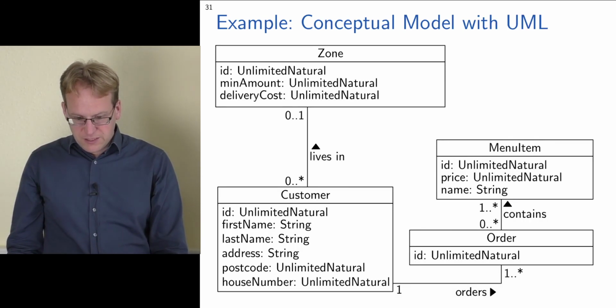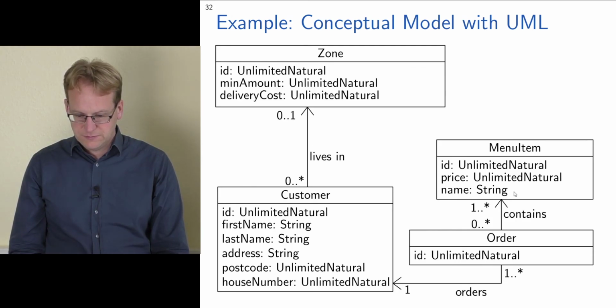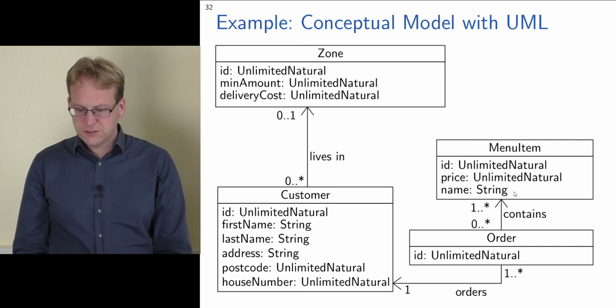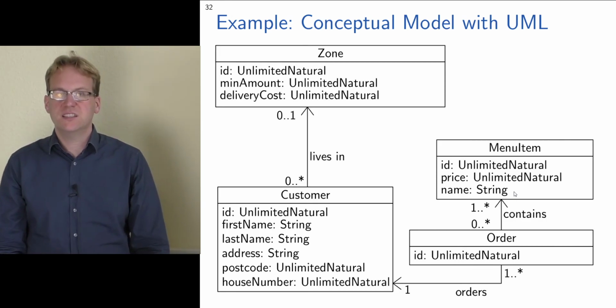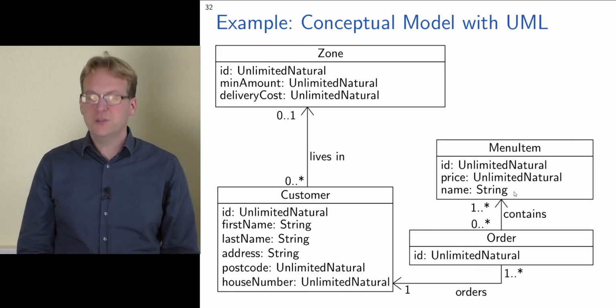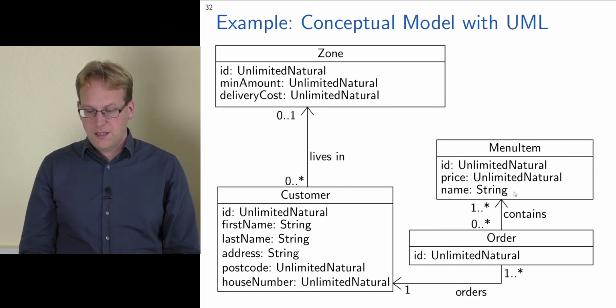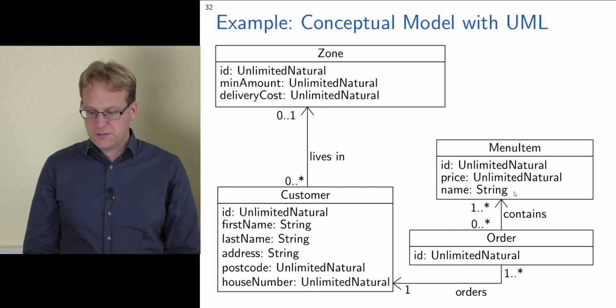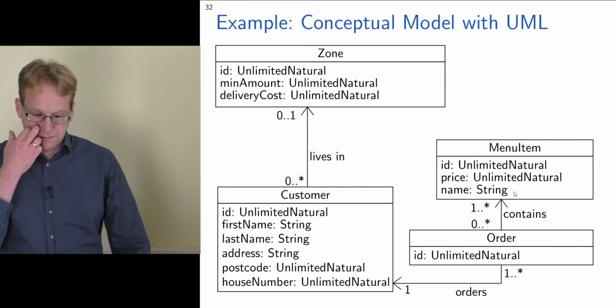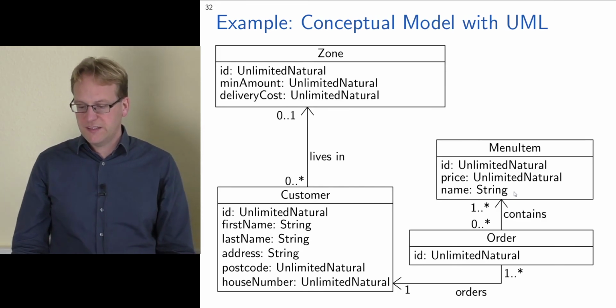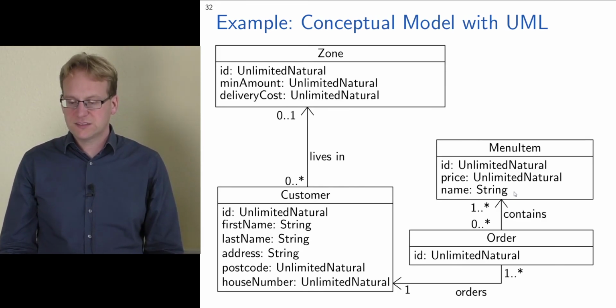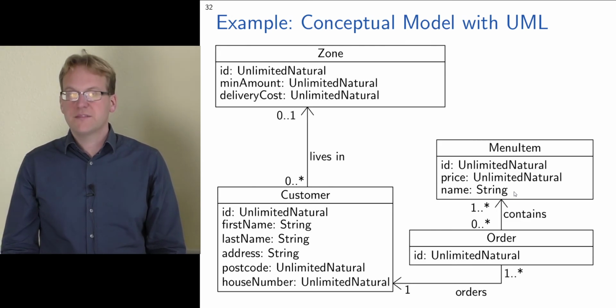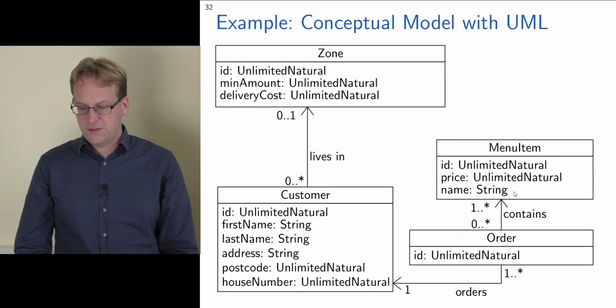Well, that was our conceptual model for the pizza delivery system. And we can maybe introduce these associations here as being navigable only in one direction. We could maybe also say that the order consists of multiple menu items, and on the other hand, that the menu item is part of an order.